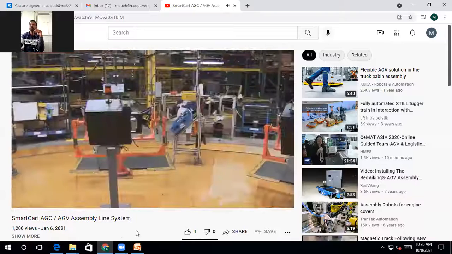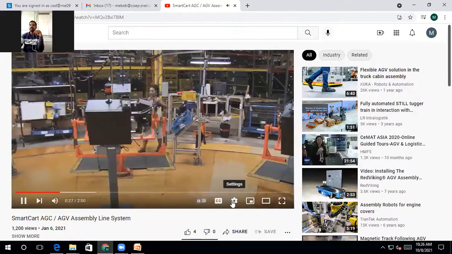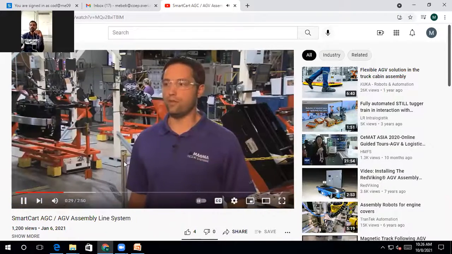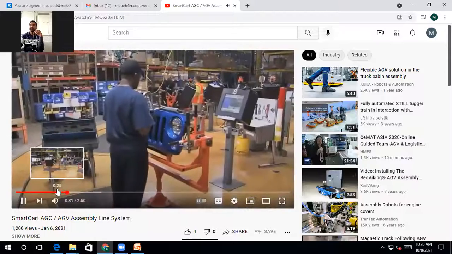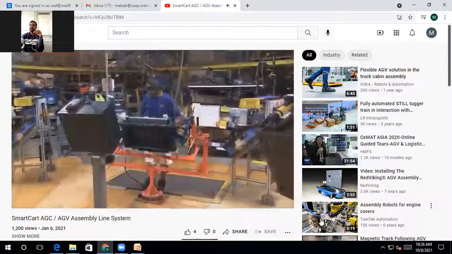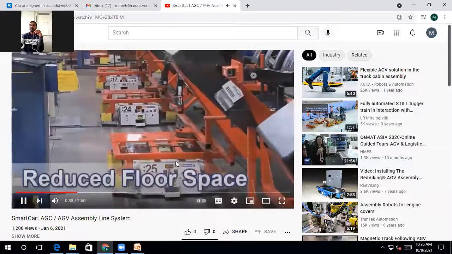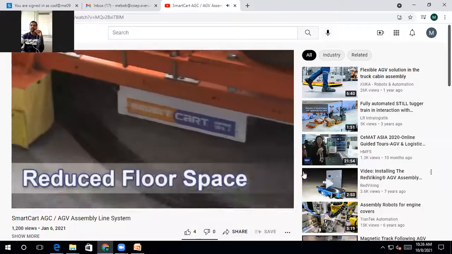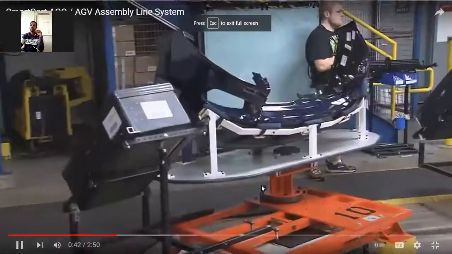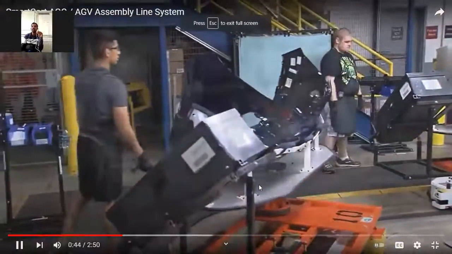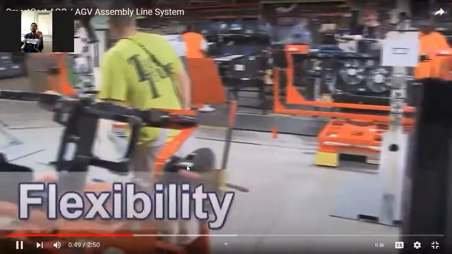Now you can see this. Previously, the traditional method was this one. This is a type of locomotive. Similar to the railway, small AGVs are used in assembly.